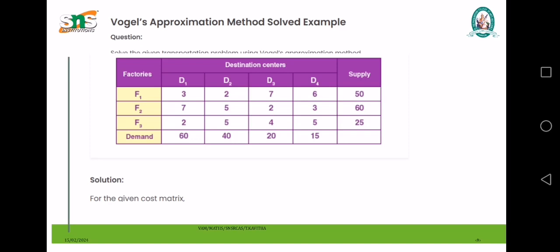Total supply is equal to 135 and demands are 60, 40, 20, 15. Total demand is 135. Here total supply and total demand are equal, therefore the given problem is balanced.